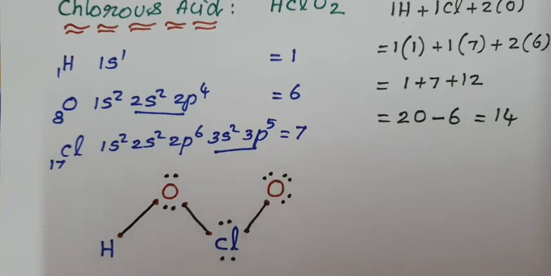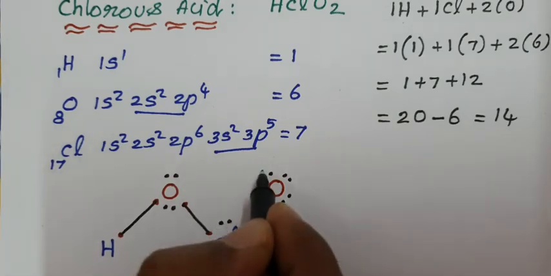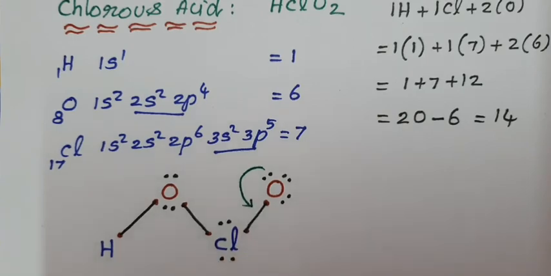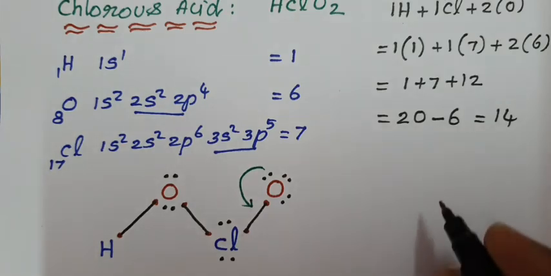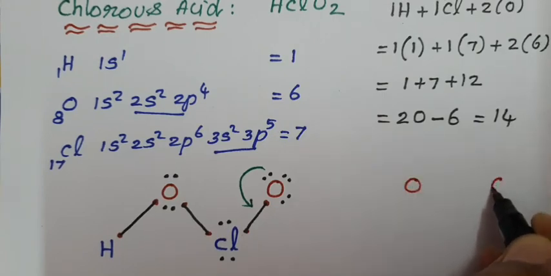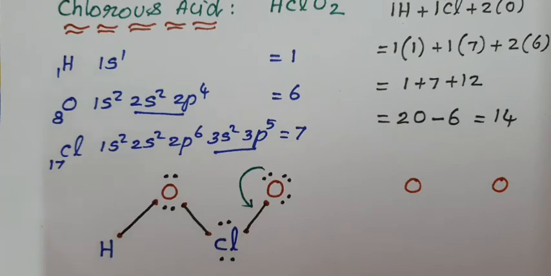Therefore, 1 lone pair from the terminal oxygen is converted into a bond pair between oxygen and chlorine. Therefore, the final structure of HClO2 has 2 oxygen atoms, and in between them we have 1 hydrogen here and another chlorine here.